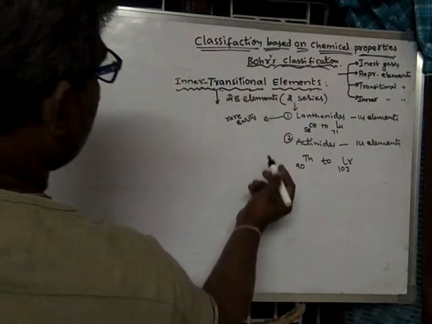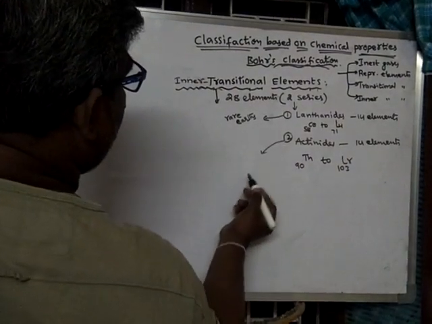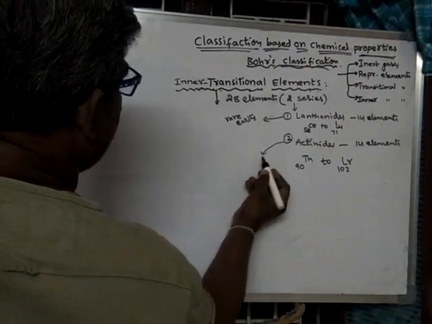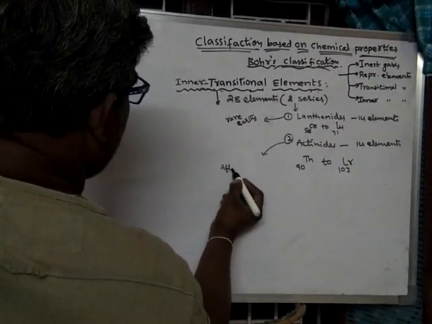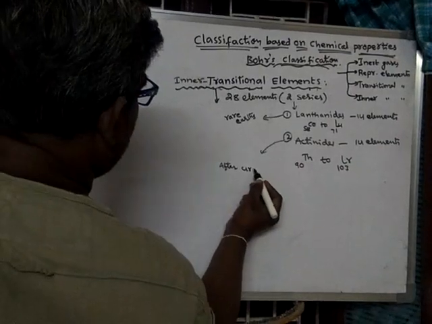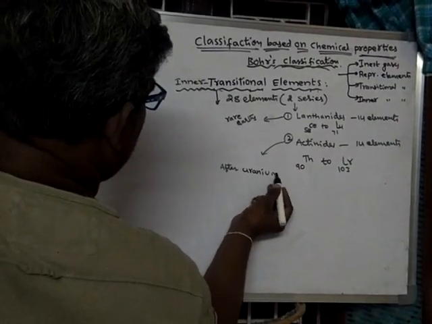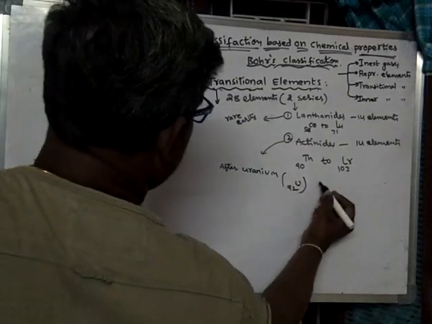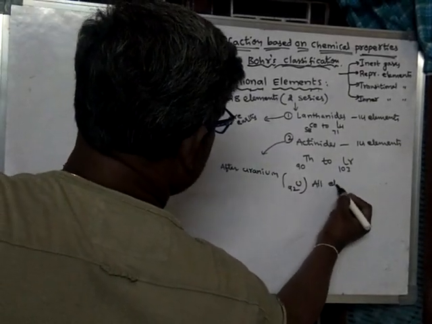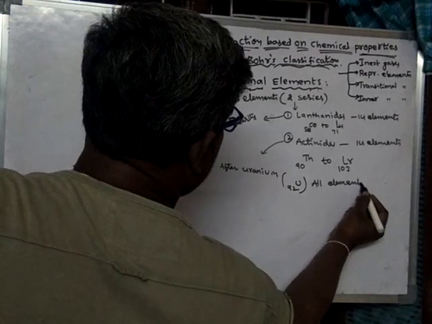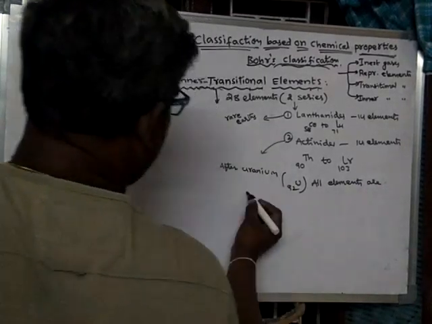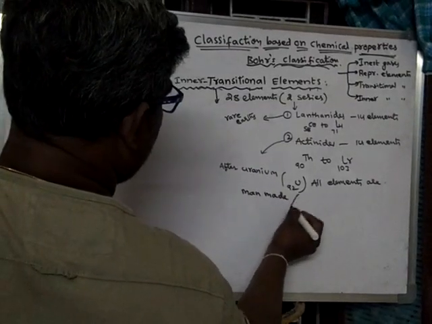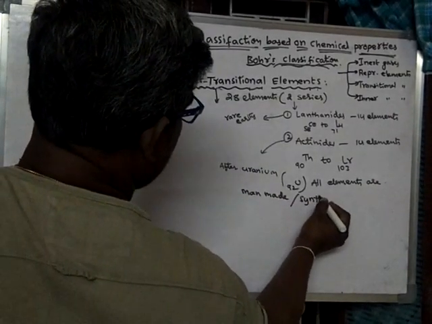Most of the actinides, that means after uranium, whose atomic number is 92, all elements are man-made, or we can call them synthetic elements.